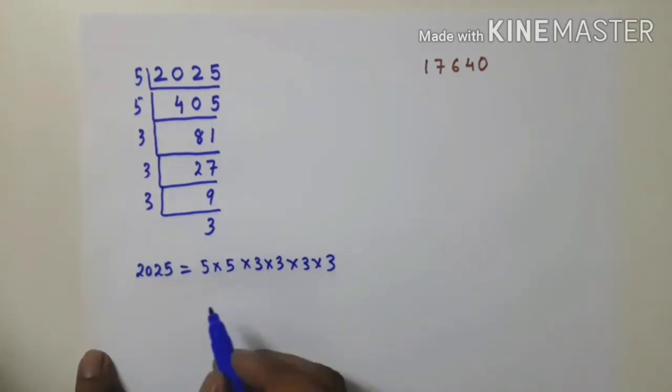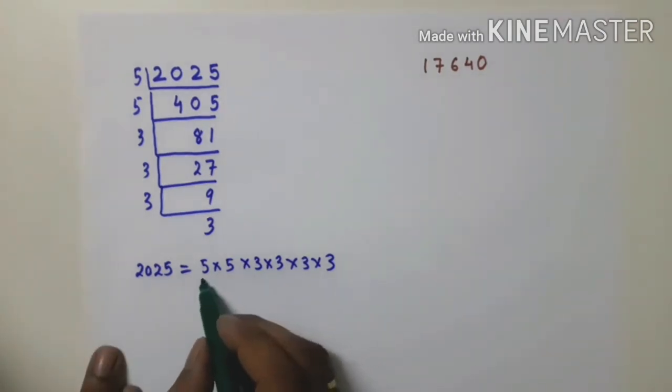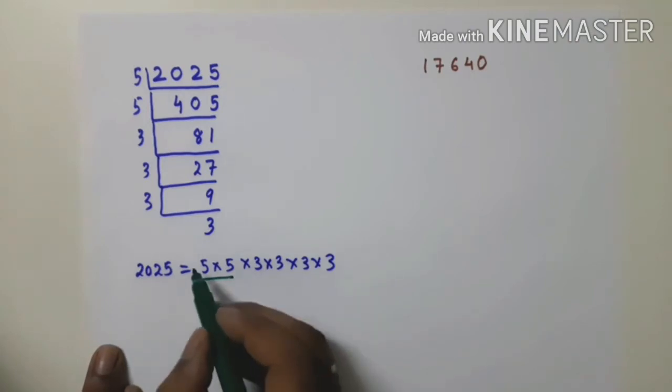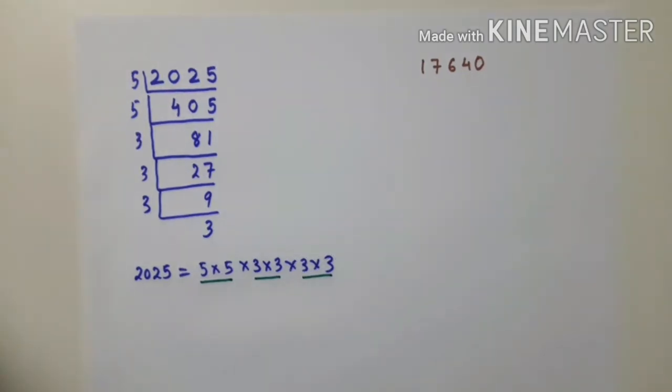So we have to find the paired groups. So here we can find the paired groups as this one, 5 into 5, this is one pair. 3 into 3 is another pair. 3 into 3 is another pair. So now we have got the paired groups. Now from these paired groups, you have to see, is any factor left out?